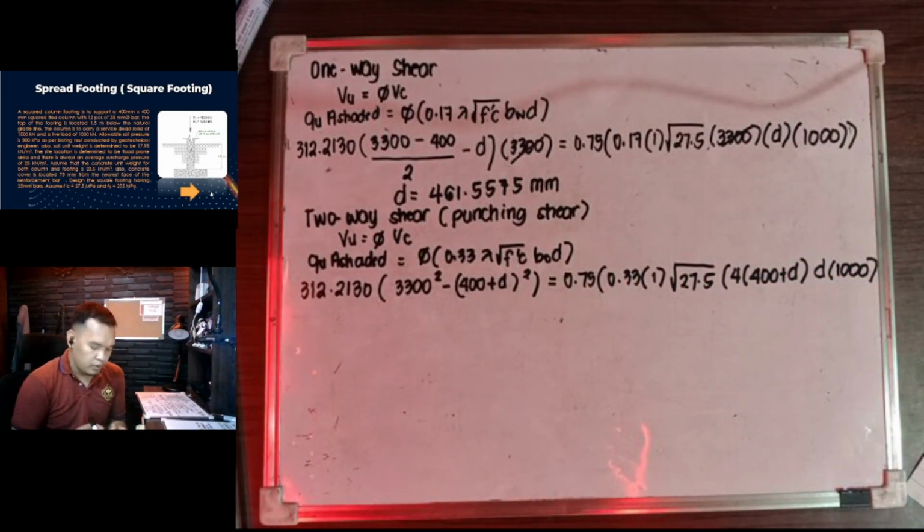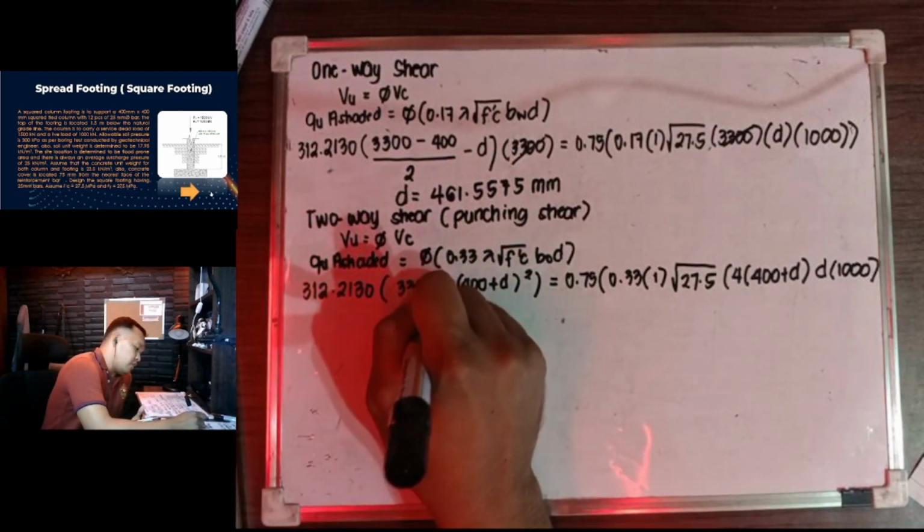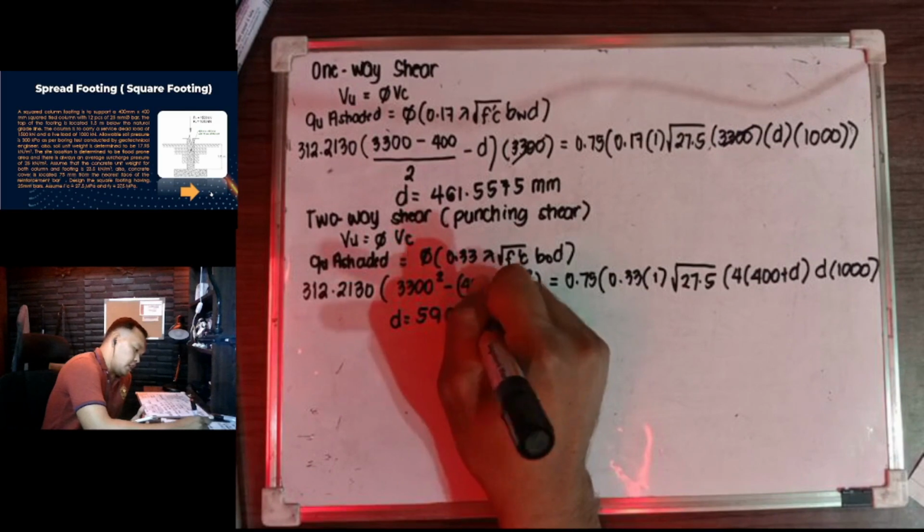Okay? 312.2130 multiplied by 3,300 squared minus 400 plus D squared equals 0.75 times 0.33 square root ni 27.5 times 4 times 400 plus D times 1,000 D. Okay? So we have here 596. D is equivalent to 596.9514.